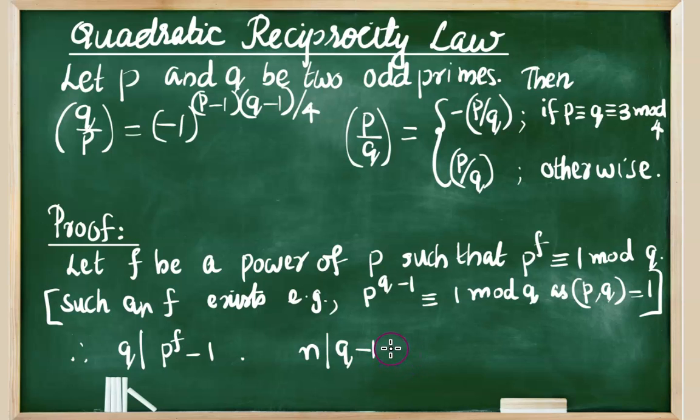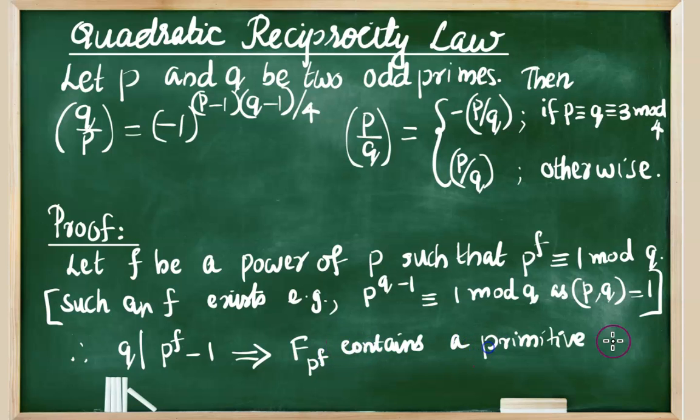When n divides q minus 1, we proved that there exists a primitive nth root of unity in the field F_q star. So, here we have q divides p raised to f minus 1, and we can conclude that the field F_p^f contains a primitive qth root of unity, say theta.